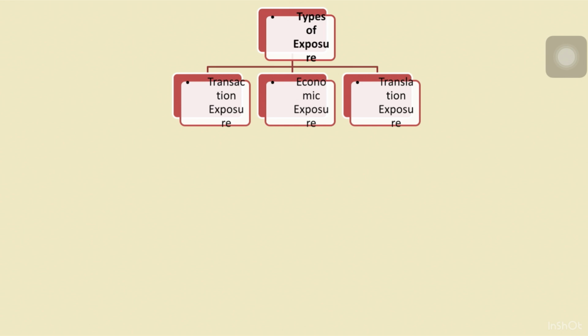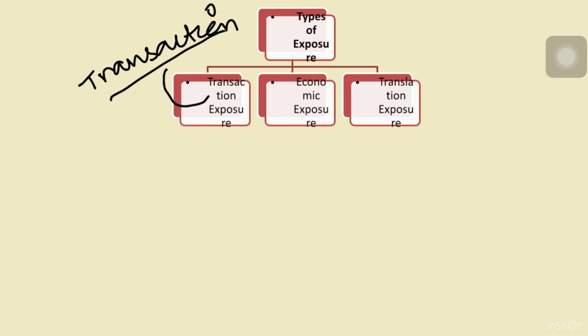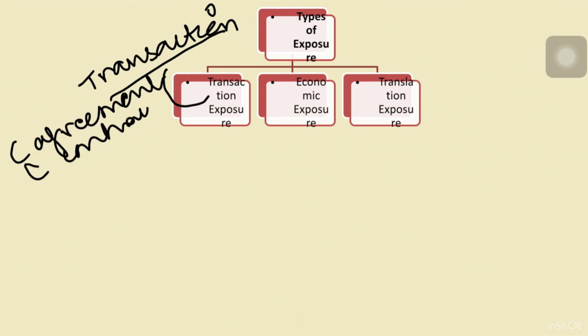Let's firstly understand the types of exposures, right? We have three types of exposures whenever a company is involved internationally. The first type is transaction exposure. As the name suggests, transaction exposure is for a particular agreement or contract or sales or purchases.